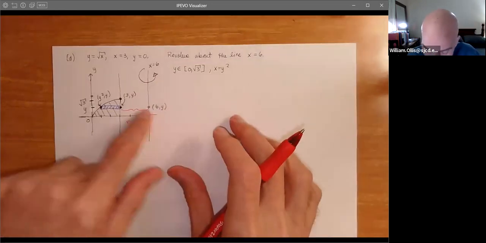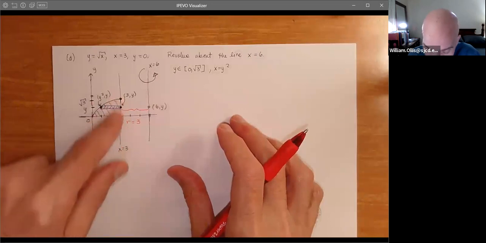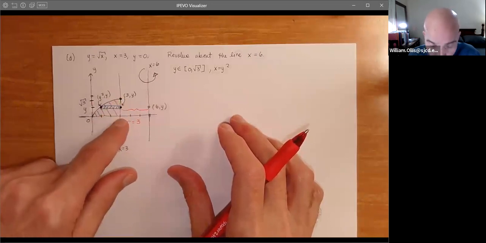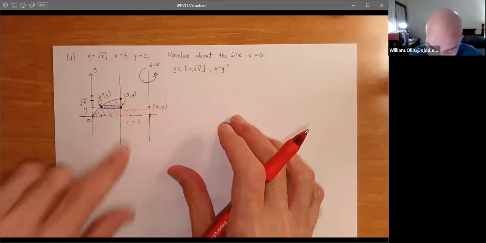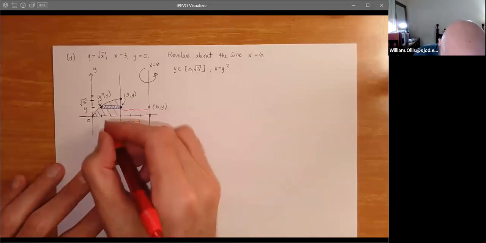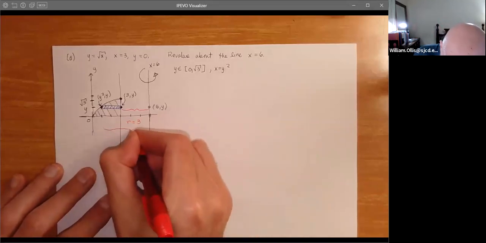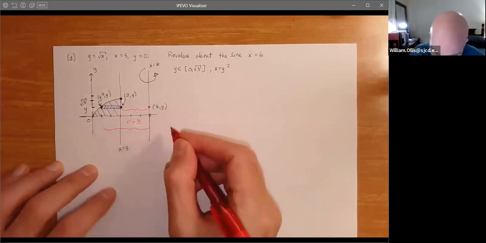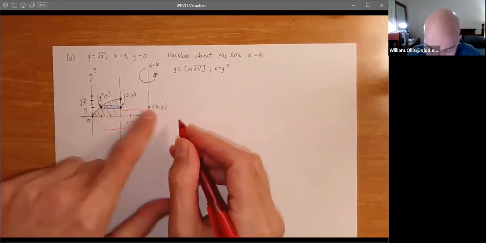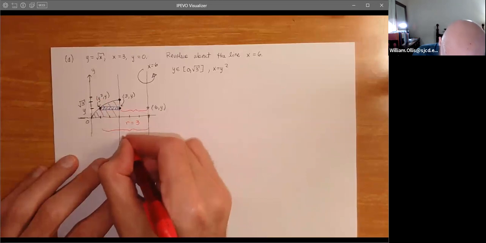So when we do the 6 minus the 3, that's going to be the same in all of these cases for the y. So R is 3, 6 minus 3. And now we need the outer radius. So when we look at this, this will be 6 minus y squared.